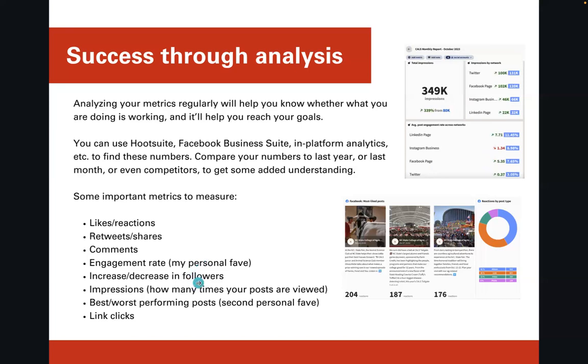Another important one that I like to look at is impressions, and that is how many times your posts show up on somebody's screen. It isn't how many people view it, but how many times it shows up. And it's important to measure that just to see how you are doing in the algorithms, to see how you are doing in terms of getting people to look at your posts.